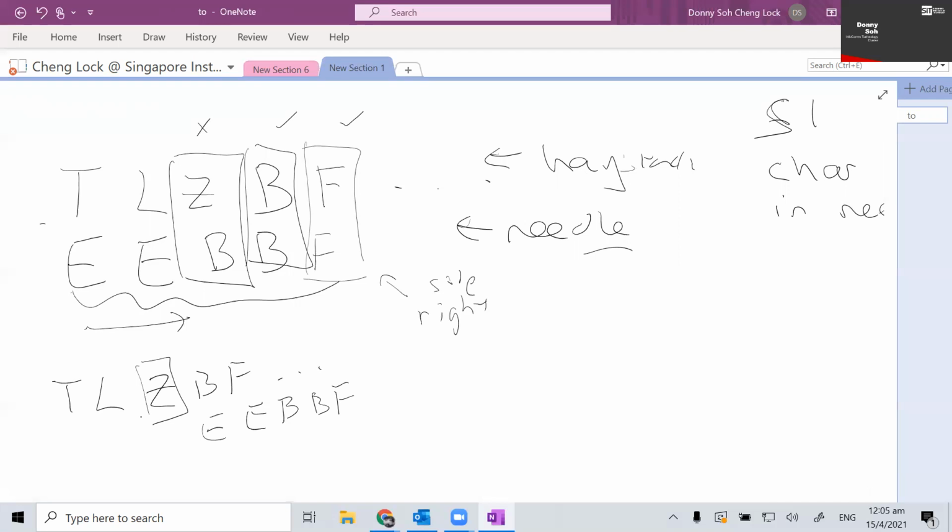Hence, I can shift it all the way in front, beyond the character that is not matched.